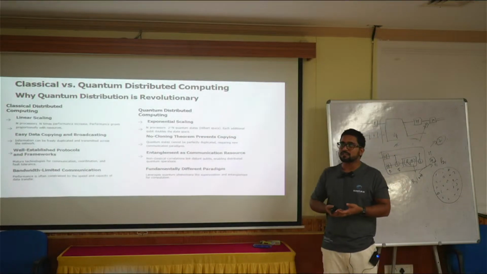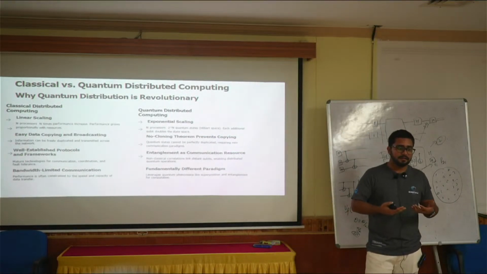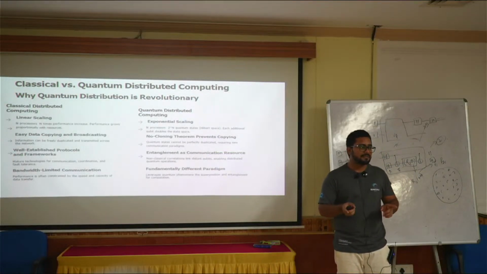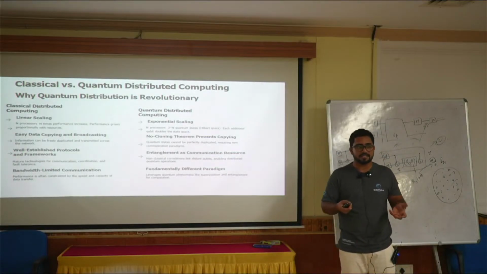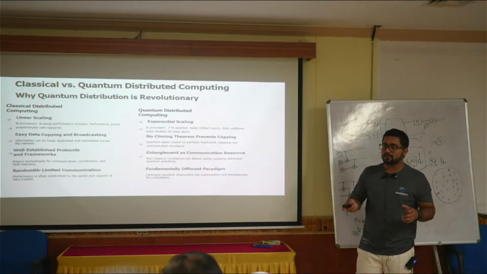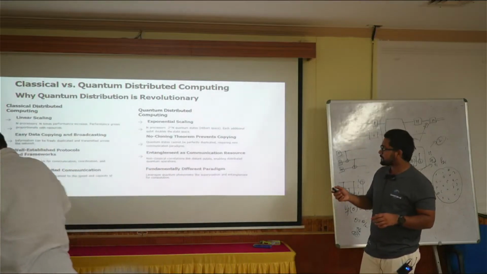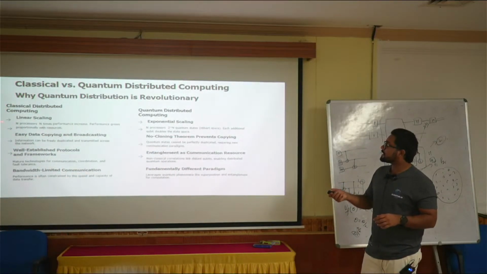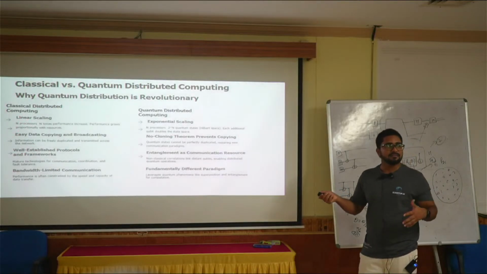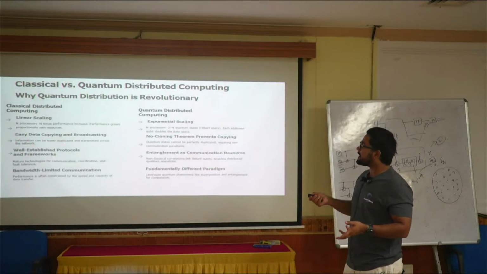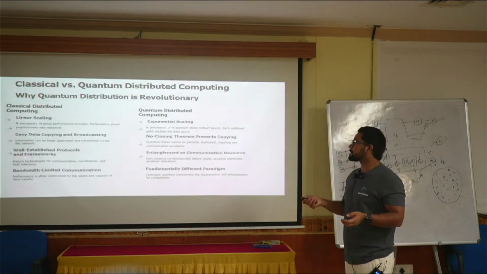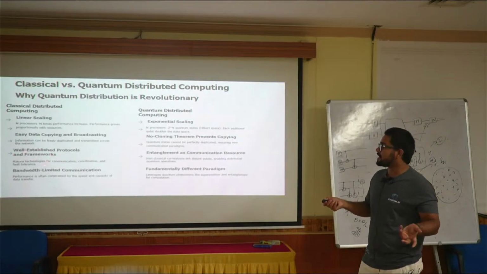Because of the no-cloning theorem, you cannot directly connect two processors, so you have to establish entanglement between them. For multiple quantum processors, you establish entanglement, and accordingly they will work in a distributed manner. The difference is that classically, if you distribute the processors, the scaling is linear, as is obvious, but data copying and broadcasting are very easy, and it's a well-established protocol and framework.